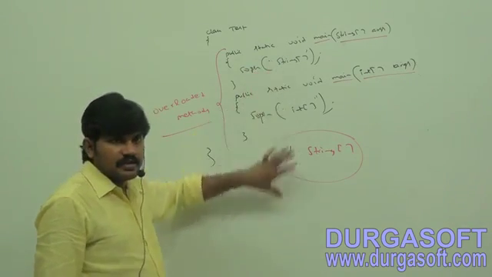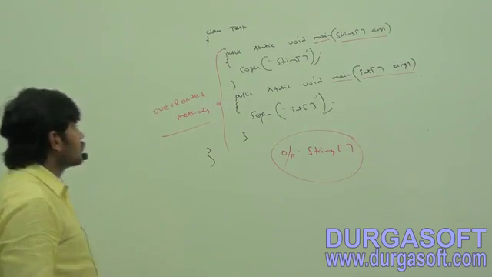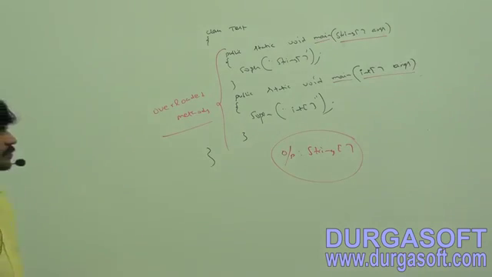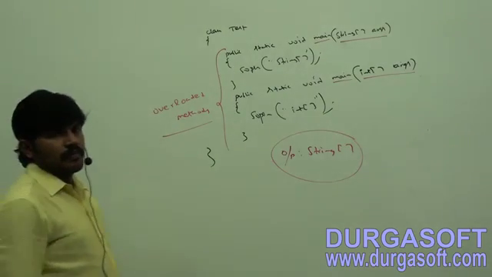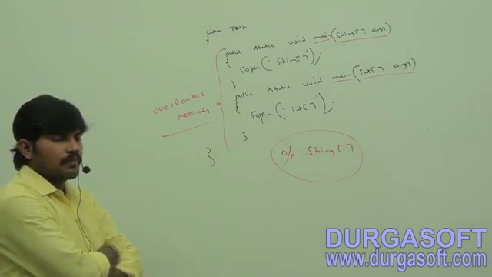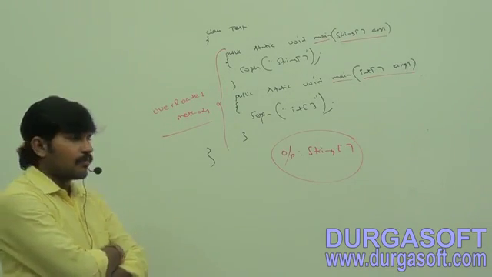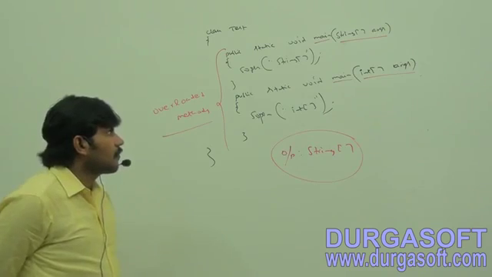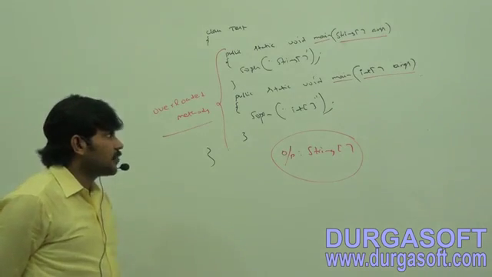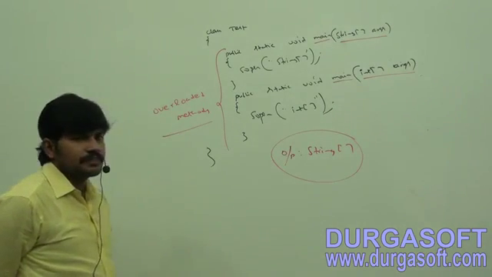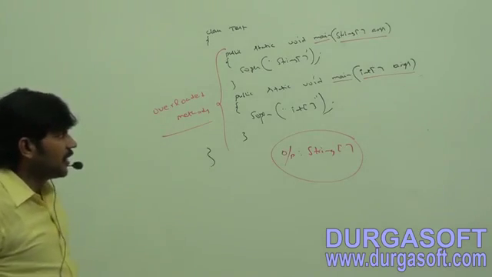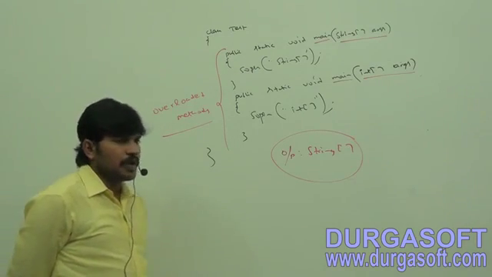Are you getting? Take this example. SOP of string array, public static void main int array, SOP of int array.